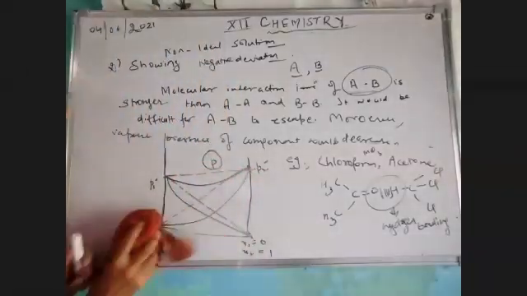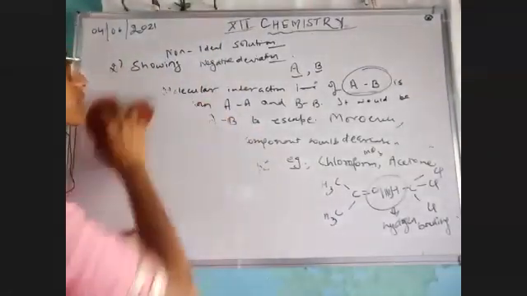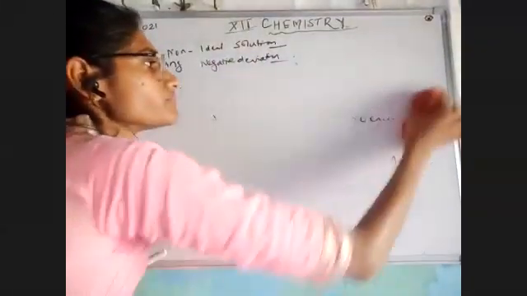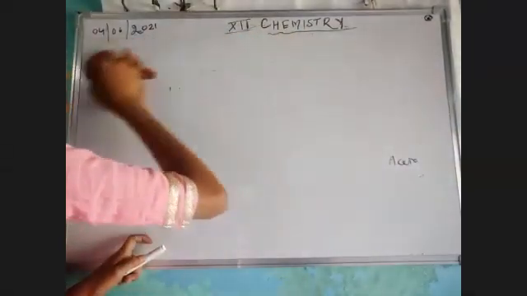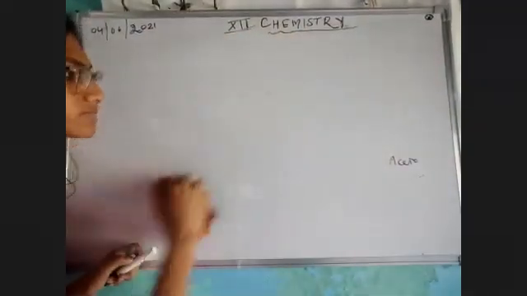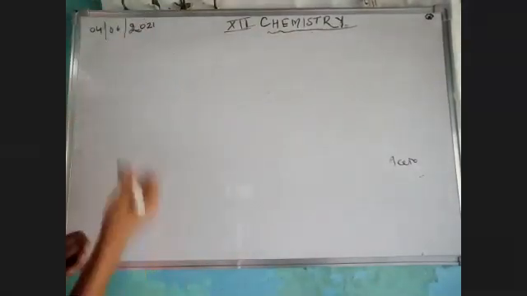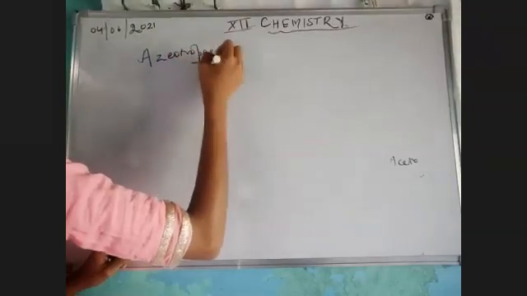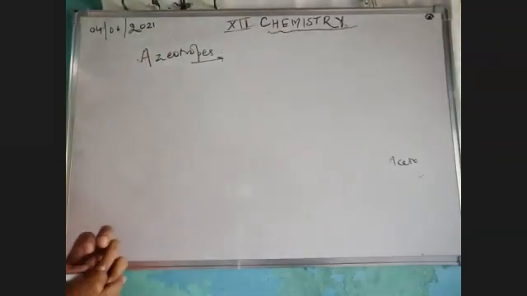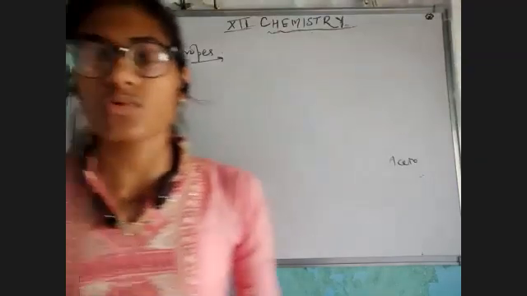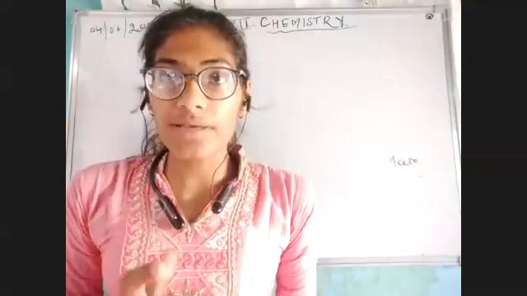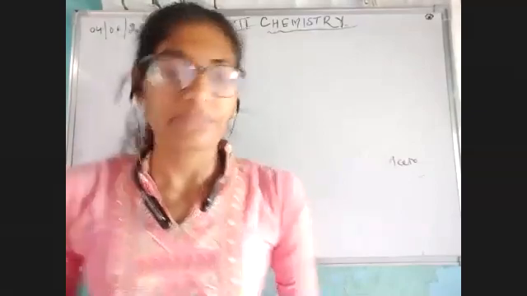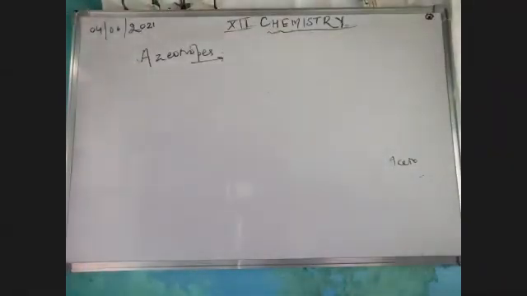Let's see what azeotropes are and how we can identify them, and what their examples are. Azeotropes means we are taking two binary compounds, or two molecules, which are dissolved into each other and they would boil at a constant temperature. Let's see the example of azeotropes.